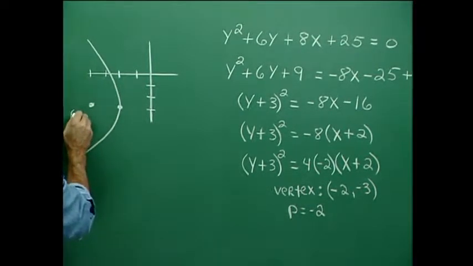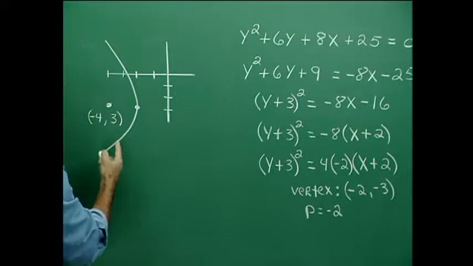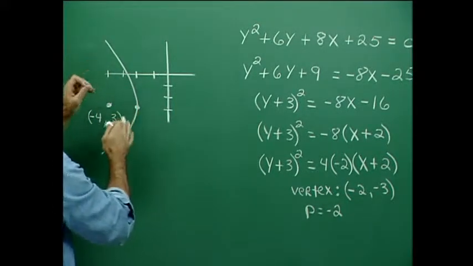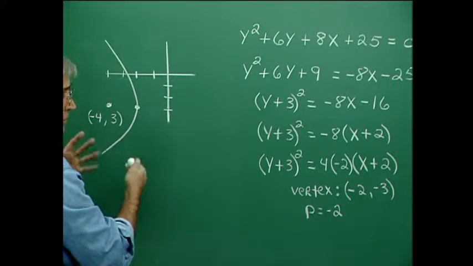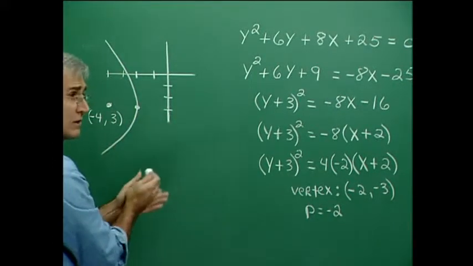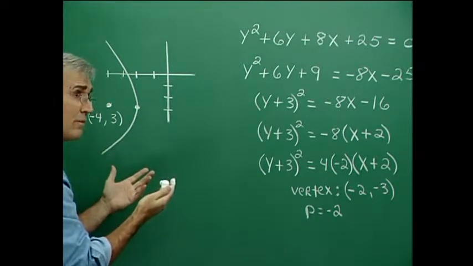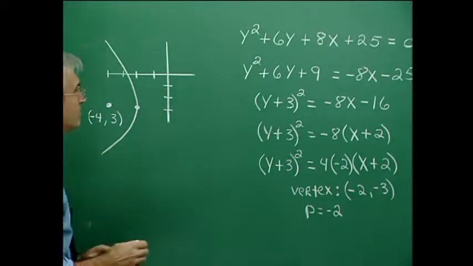So negative 4, 3. Now, notice I'm reading this off of the graph. I'm finding the coordinates of the focus from the graph rather than trying to think of some algebraic method for doing this. We could generate an algebraic method easily enough, but it causes us to have something extra to remember. And so just looking at the graph makes it a lot easier.